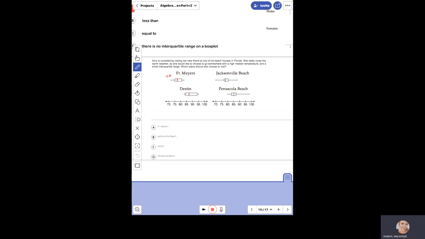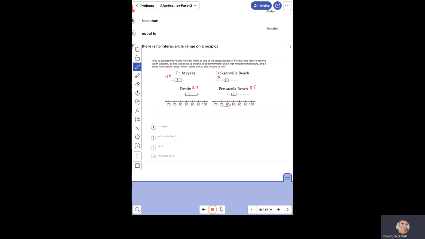This one's about 87. This one, and I'm using these number lines down here on the bottom, is approximately 78. This one is 85.